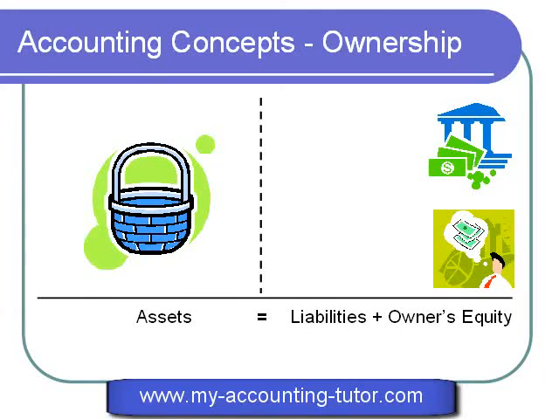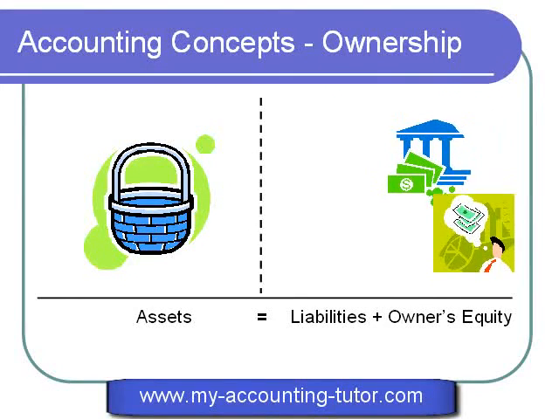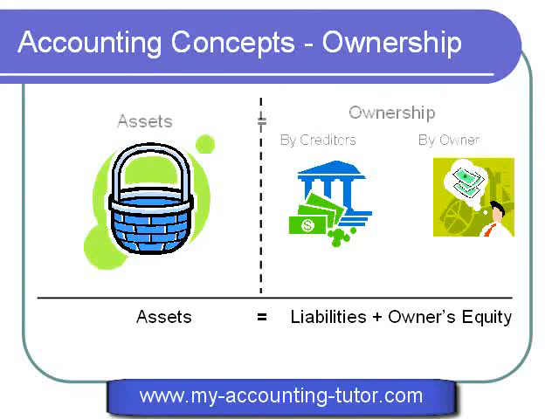What is in the basket on the left side of the screen has to be owned by some party on the right side of the screen, either a creditor or the owner of the business. Therefore, assets have to be equal to liabilities plus owner equity. This basic equation, assets equal liabilities plus owner equity, is called the accounting equation.